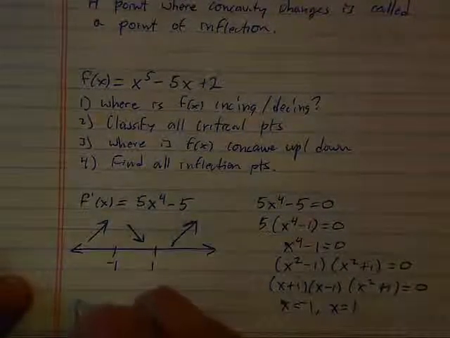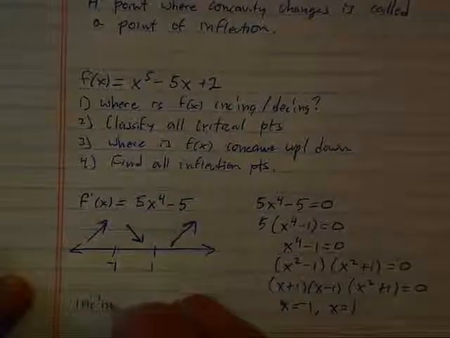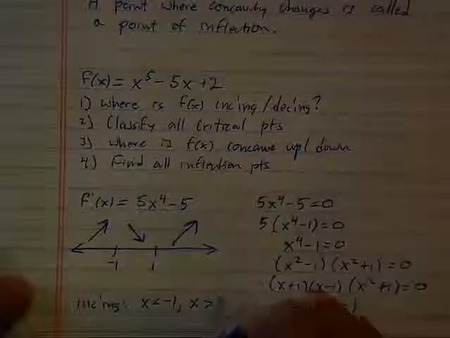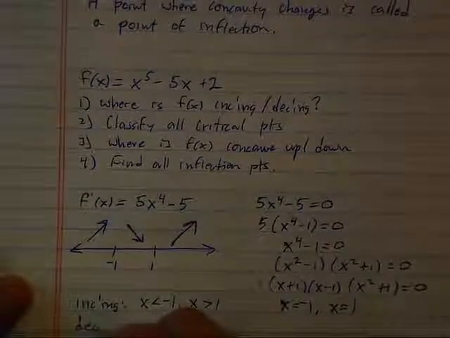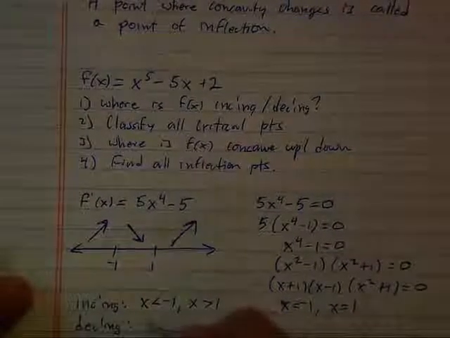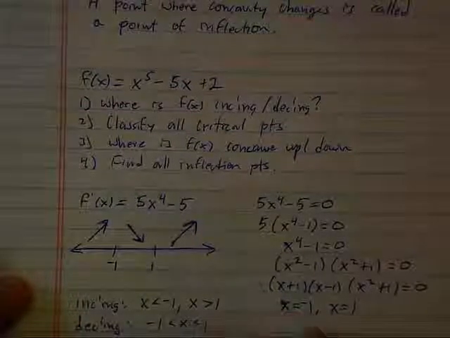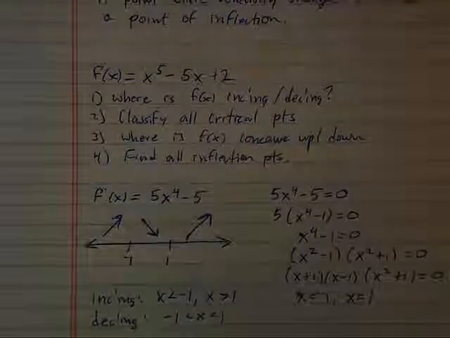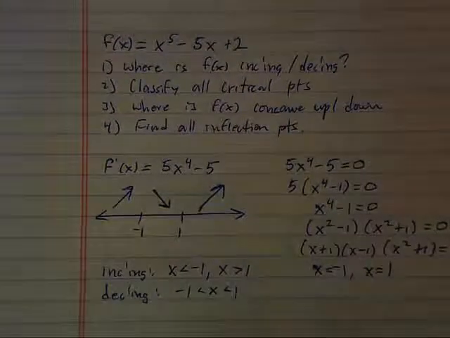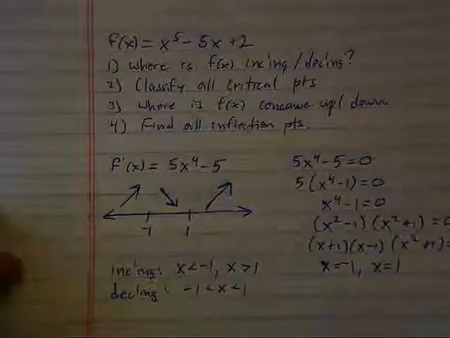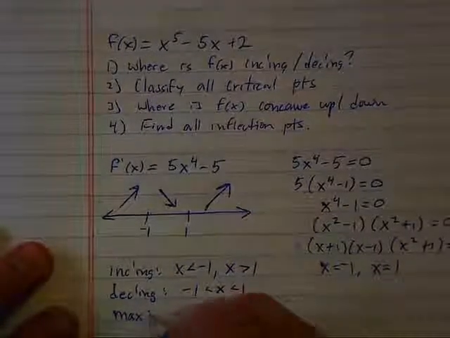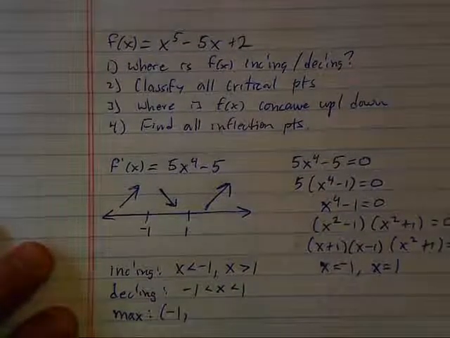Okay, so we have increasing: x is less than negative 1, x is bigger than 1. We have decreasing: negative 1 is less than x is less than 1. And then we have a max at negative 1 comma, I need the y number.